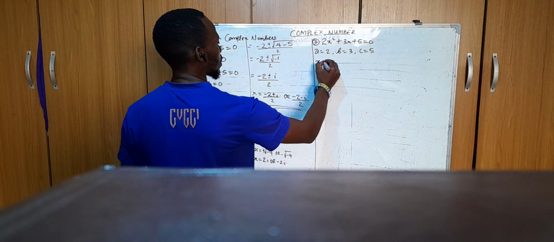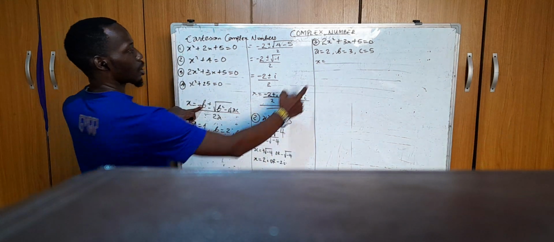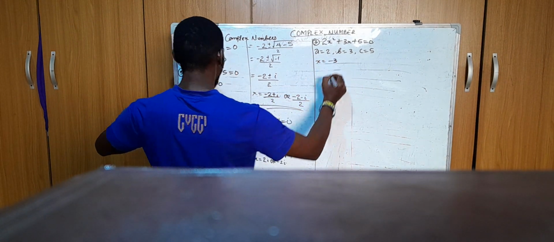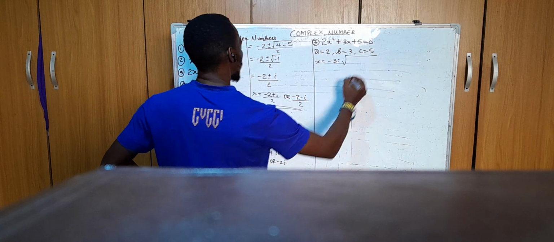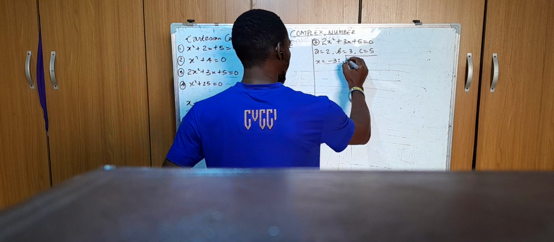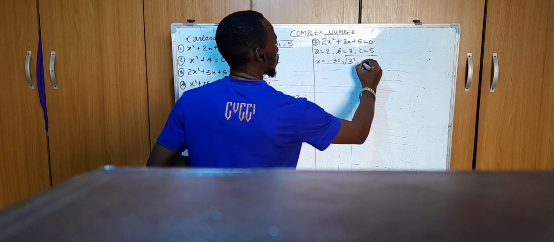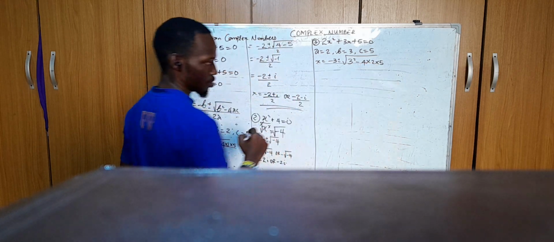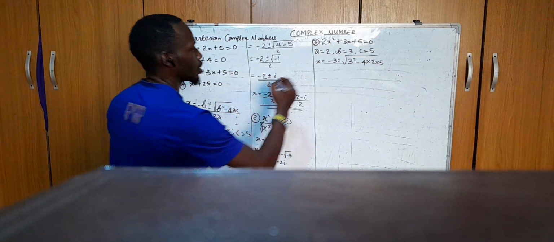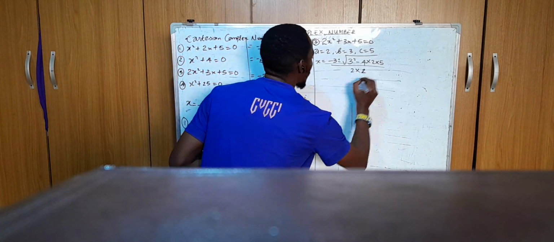So it becomes x equals minus b, that becomes minus 3, plus or minus square root of 3 squared minus 4 times 2 times 5, over 2 times 2.